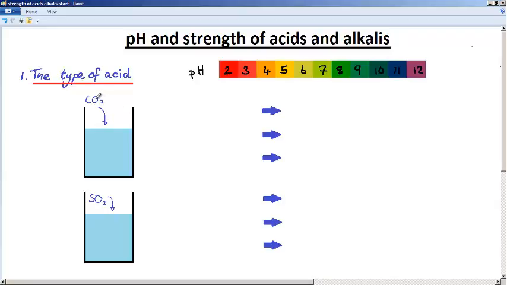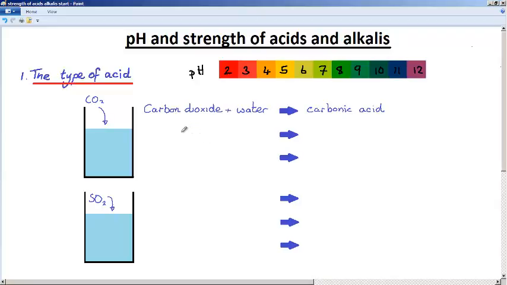Remember that when we bubble carbon dioxide through water, we produce carbonic acid. Just writing an equation for that, we have CO2 plus H2O produces H2CO3, the formula for carbonic acid.